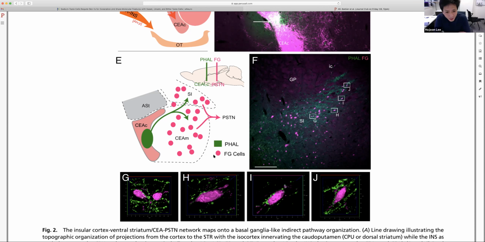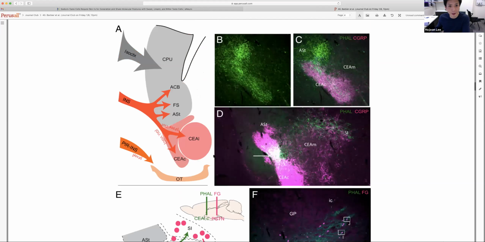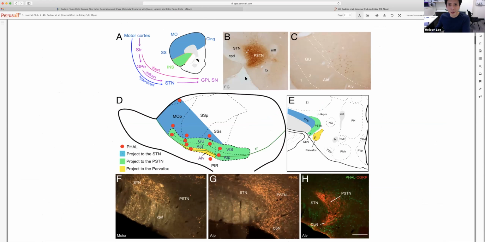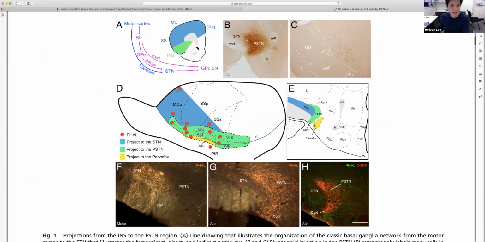But I hope everyone can follow the gist of the first two figures, right? The anatomy laying out the connectivity between the taste center, taste insular cortex, right, to the PSTN. Some directly, as shown in figure 1, right? Because when you inject retrograde tracer in the PSTN, you see labeling in the insular cortex.